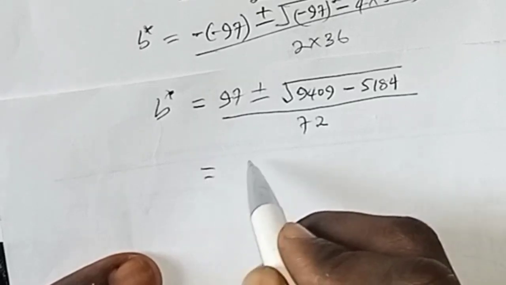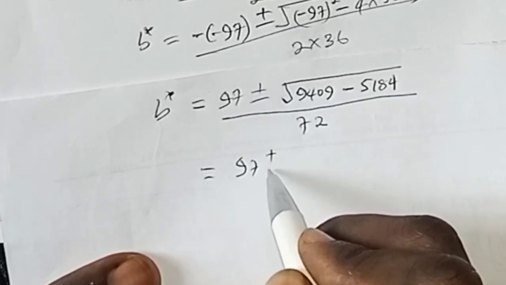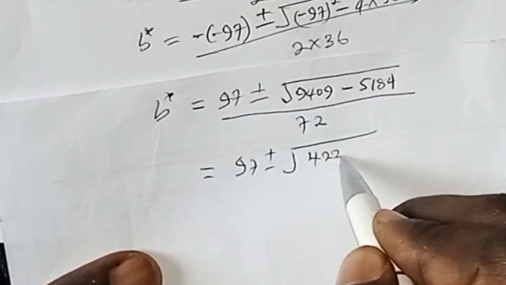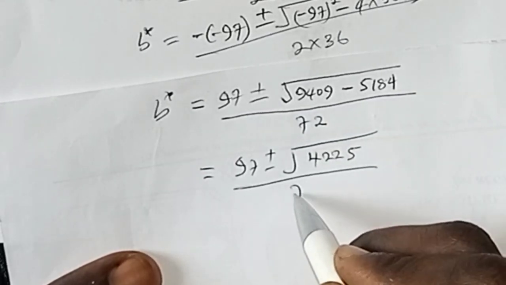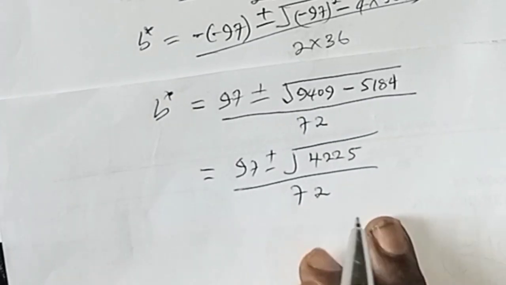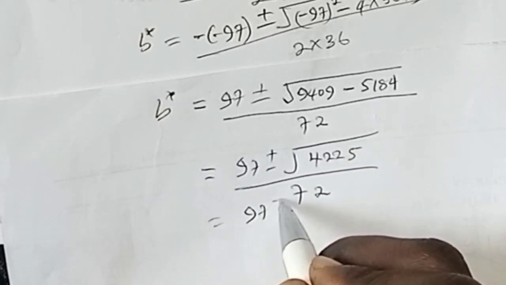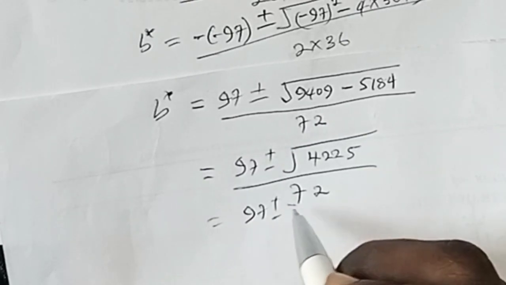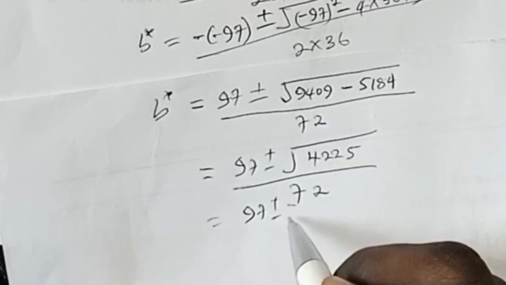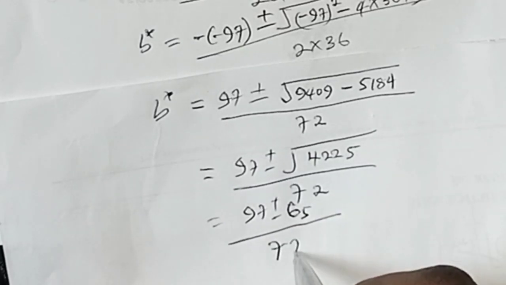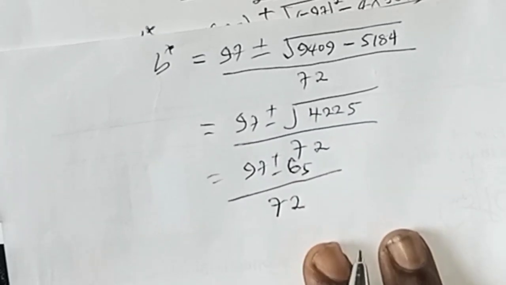So this is equal to 97 plus or minus root, if you subtract this, you'll have 4225, all divided by 72. And this will also give me 97 plus or minus, if you take the square root of this, 65, all divided by 72.